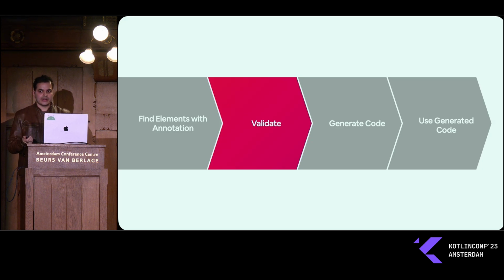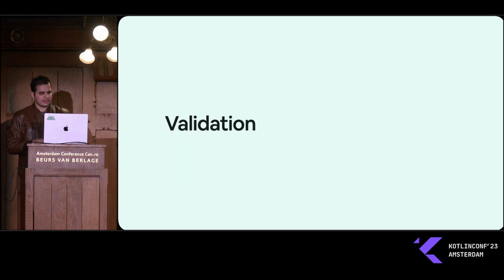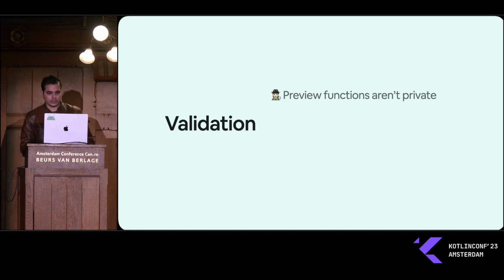The next step is the validation step, which is also very critical when you think about this from an API perspective. Here, we want to make sure that we don't allow the users to misuse this infrastructure. Additionally, we also want to give them as much information as possible so that they can fix the issues if there's something wrong with the setup. And this is fairly straightforward, so I'll just give some examples of what some validations could look like.